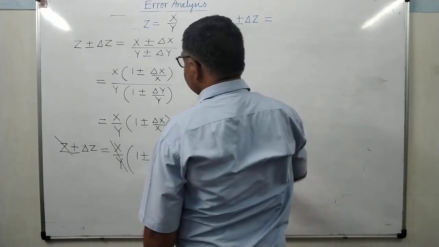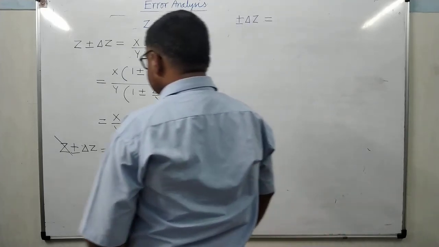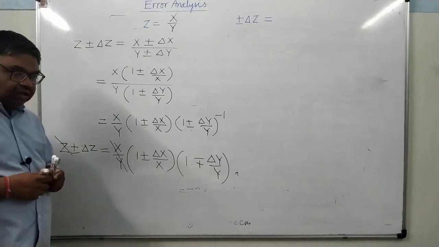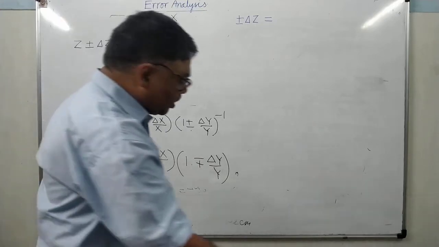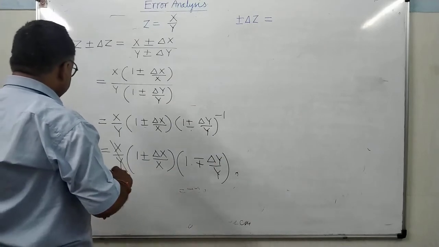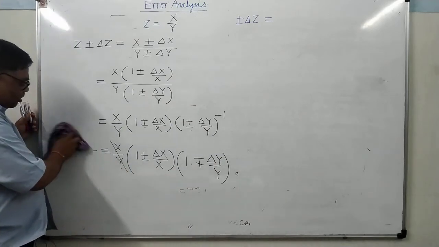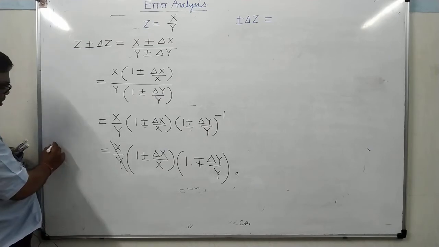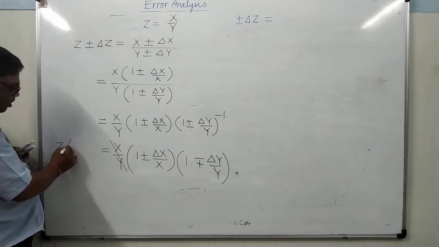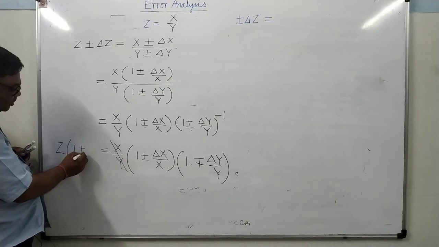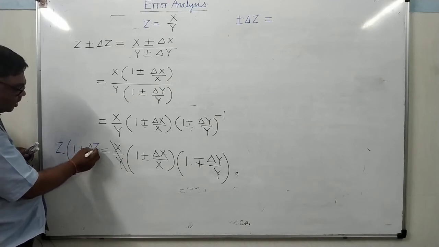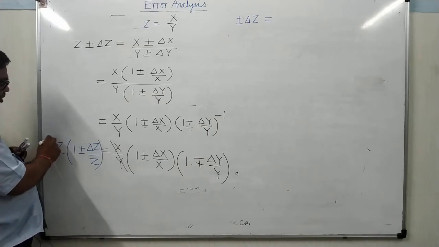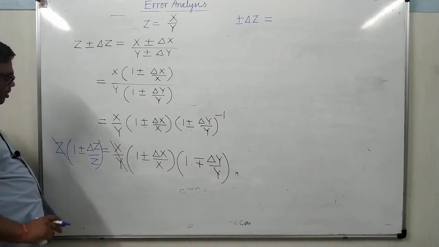This will be equal to, here also it cannot be cancelled directly. There is one error I have made. You can see here it cannot be cancelled directly. First we will take out z common. When you take out z common, it will become 1 plus minus delta z upon z. There was this error here. It is clear. Now this z will be cancelled with this.